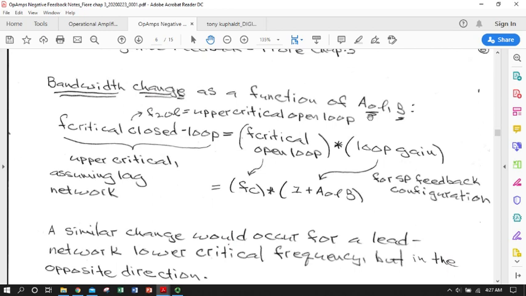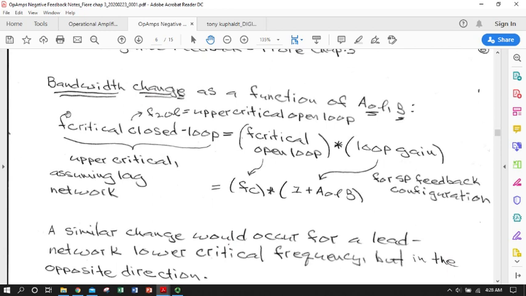Or are you going to get to the point where even with your negative feedback, you might lose some bandwidth? Well, we can go back to our original formula for our critical frequency and the gain at that frequency, and then substitute in our closed loop parameters. We don't have the derivation for that here, so we just have the formula that you can use, but you could derive it if you wanted.